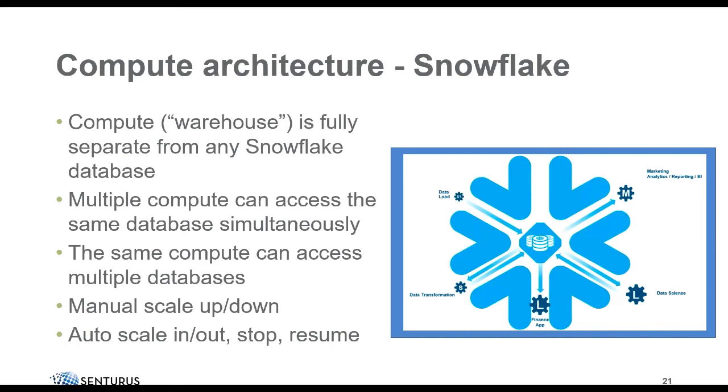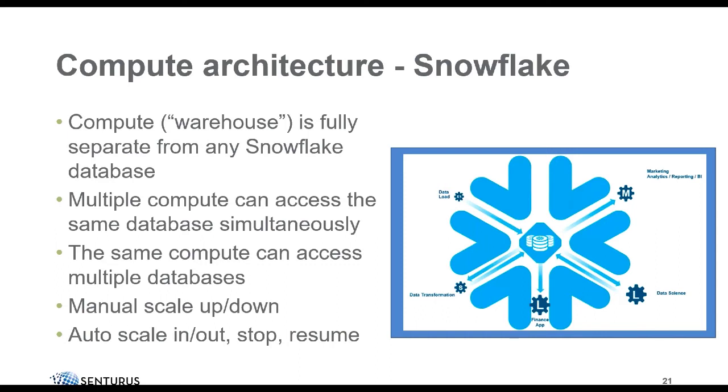It handles all of that because it's using basically S3 or Azure Storage. So it's letting Azure Storage and those services that are able to provide multiple connections to the same data, and it doesn't have to worry about that. So it can set up these multiple computes like warehouses so that you can access that data.